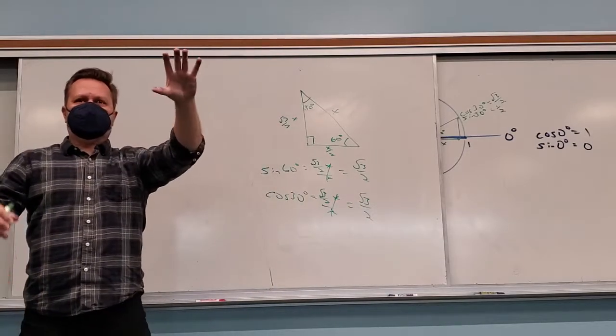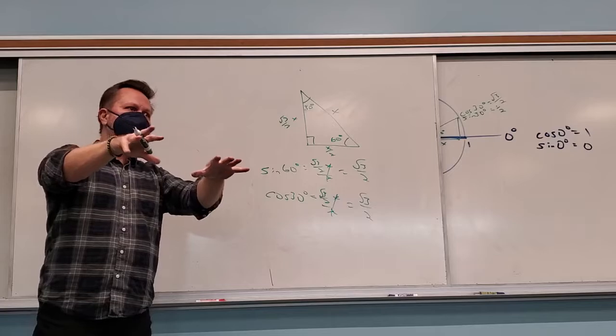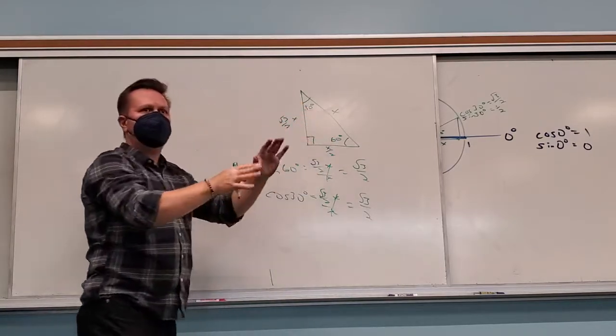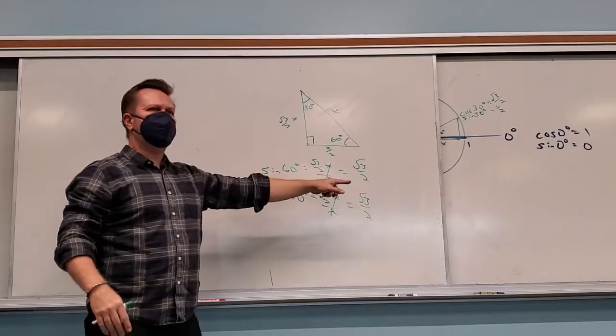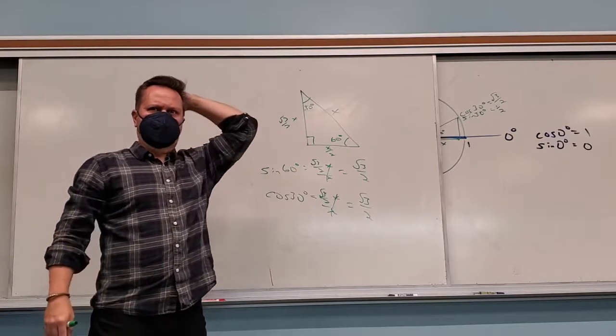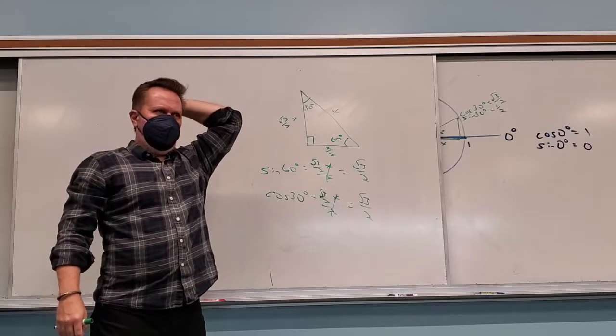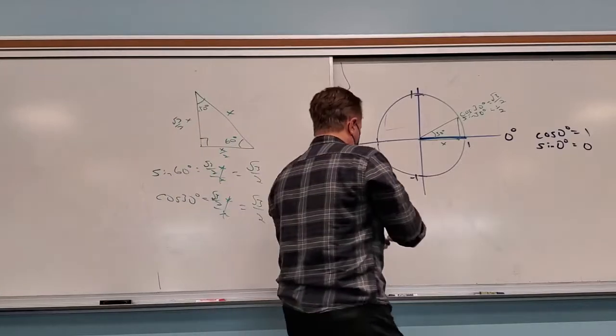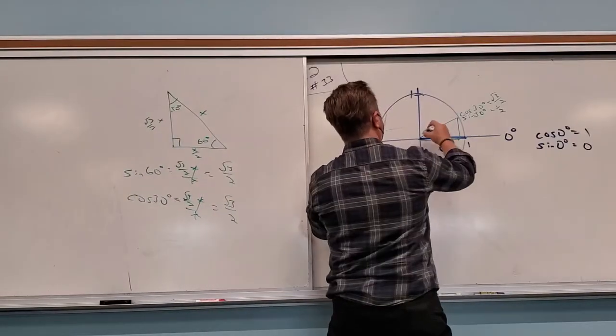So this is really interesting. It should make sense. Because a 30, 60, 90 triangle, if I rotate it, all the sides are the same length. So the sine of 60 is the same thing as the cosine of 30. And if you look in the picture, if I just sort of fast forward to 60 degrees.